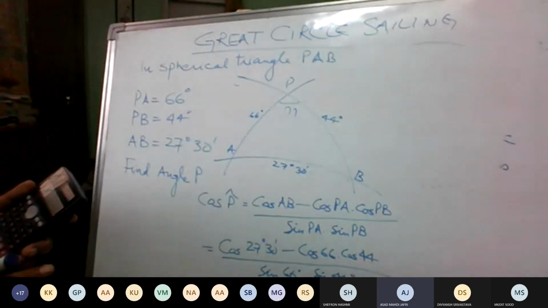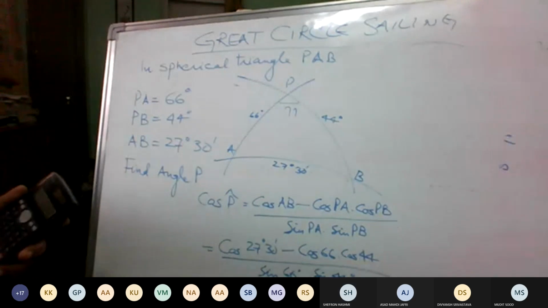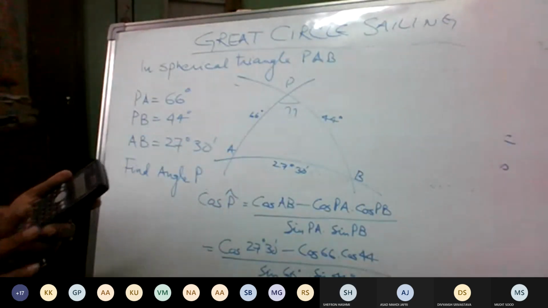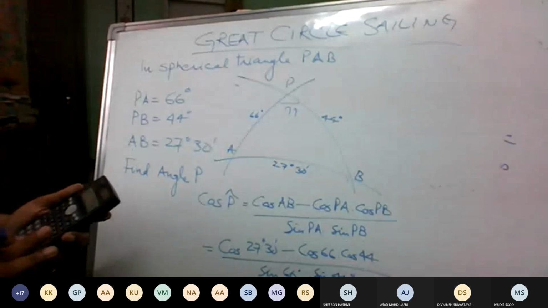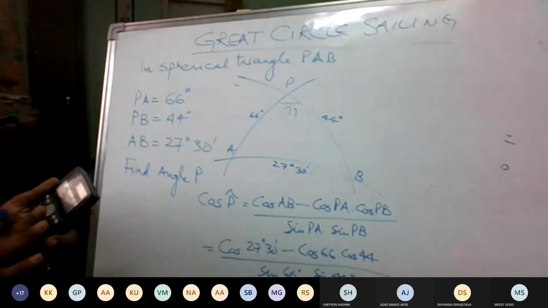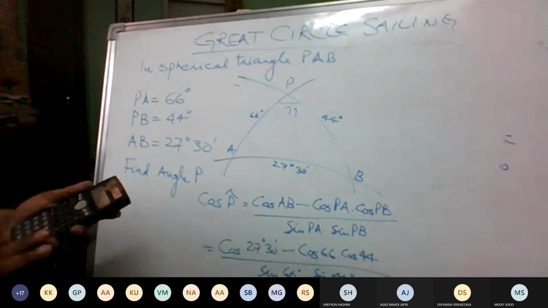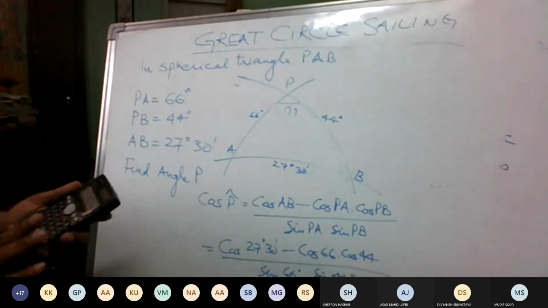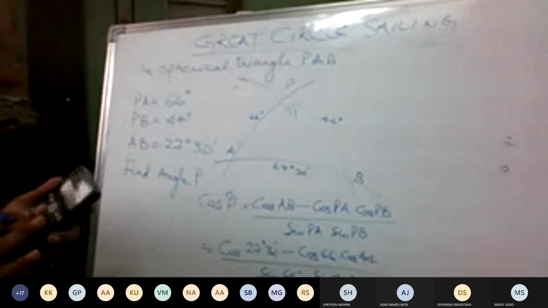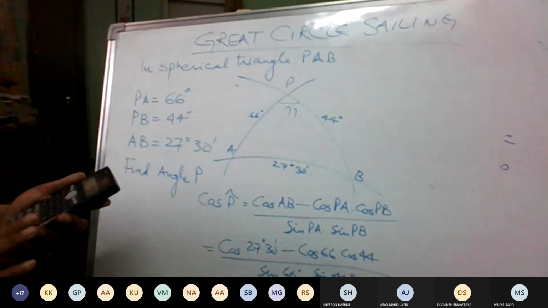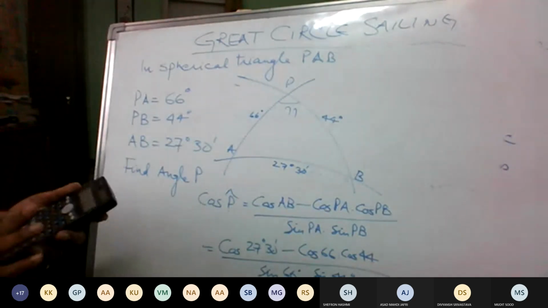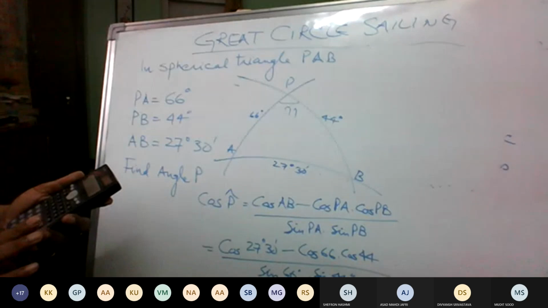ओके, पहले आपका 66 एंड दूसरा है 44 डिग्री। ओके, cos of AB कितना है 27 डिग्री 30 मिनट्स माइनस प्रोडक्ट ऑफ कोसाइन ऑफ एडजेसेंट साइड cos of 66 डिग्री into cos of 44 degree is equal to so much divided by sine of 66 degree into sine of 44 degree.